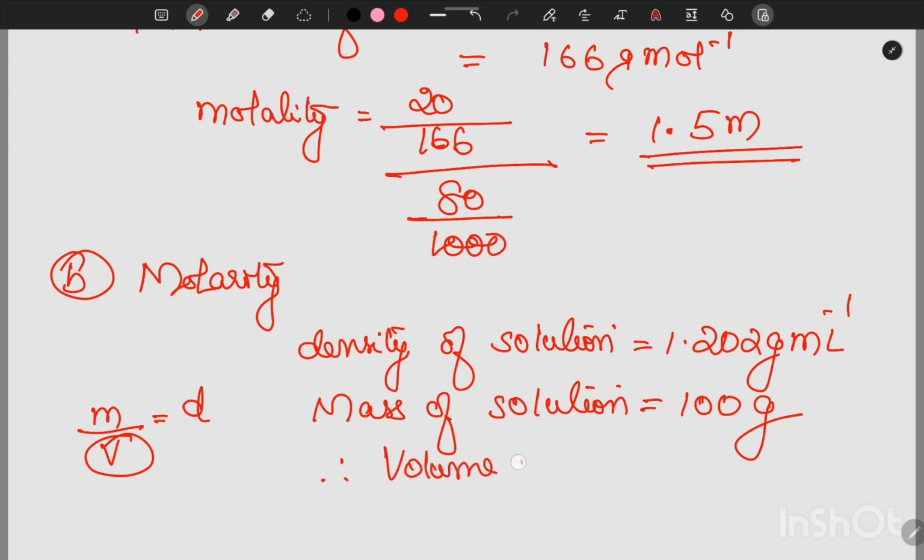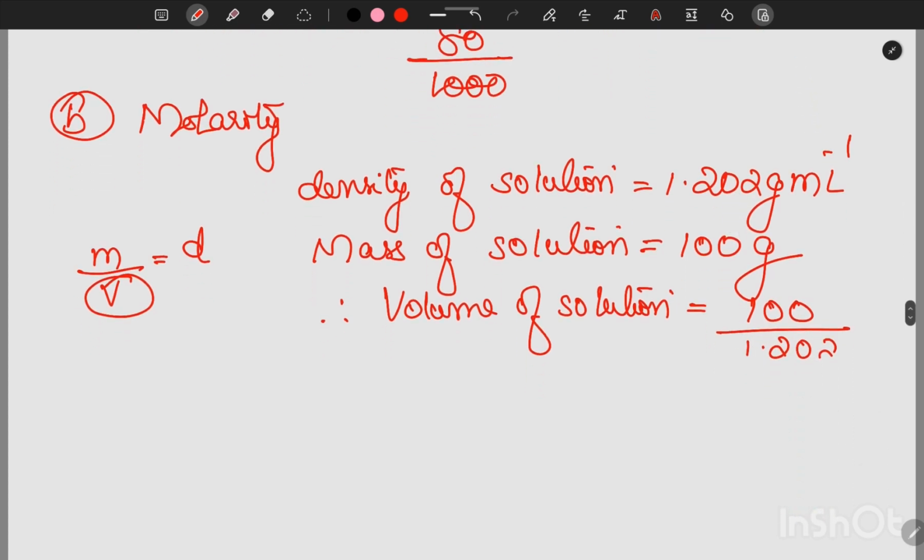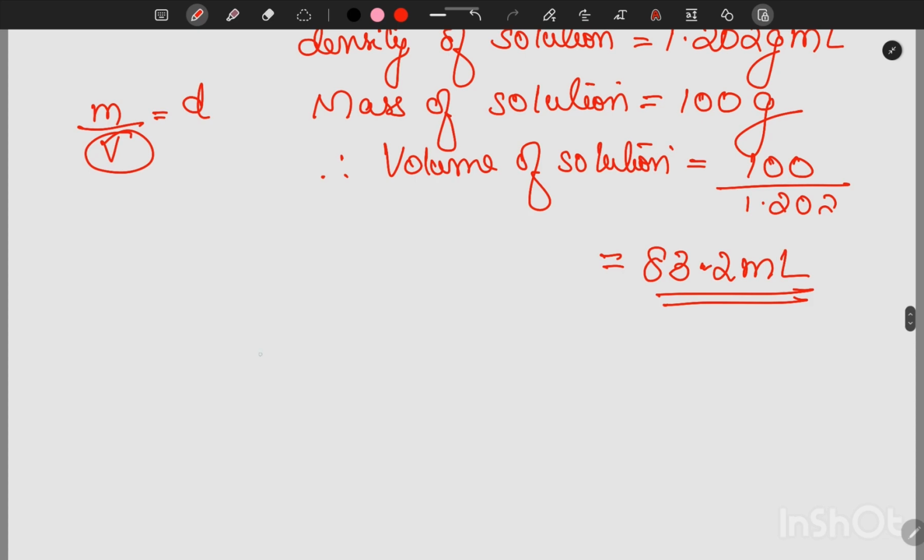Volume of solution is equal to mass by density. Mass of solution is 100 and density is 1.202. So when you simplify, you will get 83.2 ml. This is the volume of solution. Now, next directly we can go to molarity.